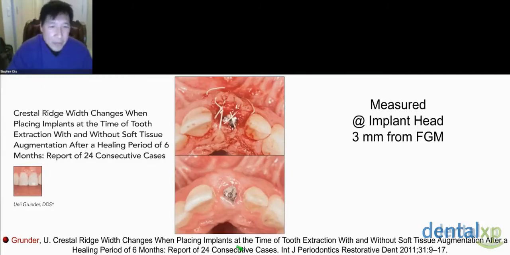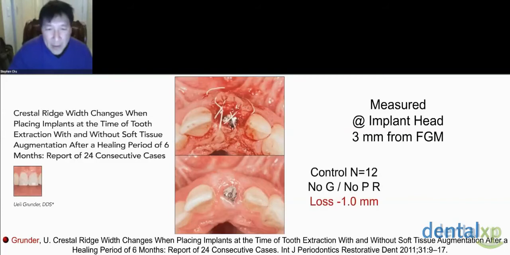Again, very new information. Uli Grunder actually looked at 24 consecutive cases. He measured at the head of the implant, 3 millimeters from the free gingival margin, again where the crest of bone would be, so it's at the head of the implant. And what he did is, out of 24 patients, he had 12 in his control group, where he actually just removed the tooth and did basically nothing.